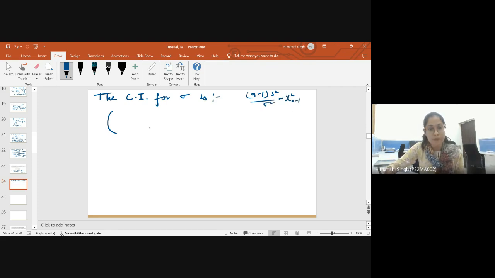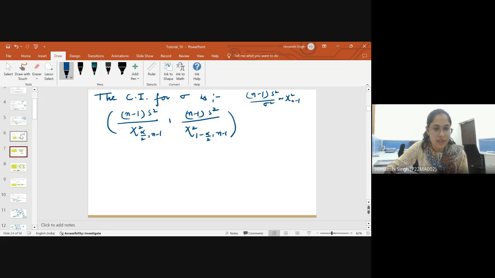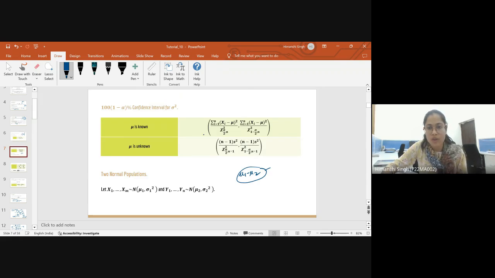So here it will be n minus 1 into s square by chi square with alpha by 2 comma n minus 1, and n minus 1 into s square by chi square with 1 minus alpha by 2 comma n minus 1. I have already explained where I am using it. If the mean is unknown, the confidence interval for sigma square is this.